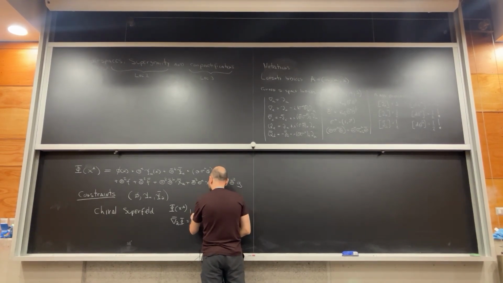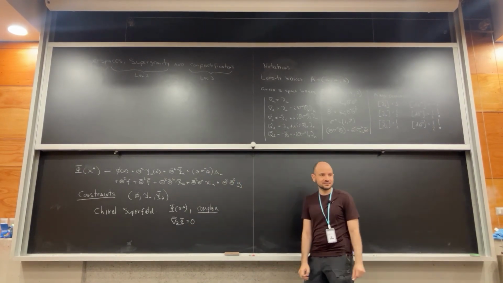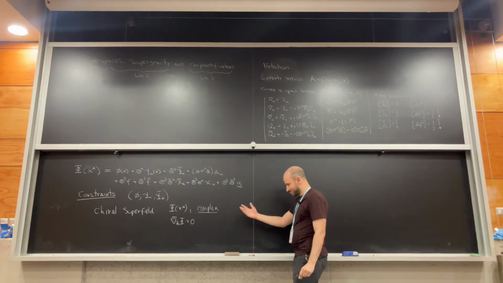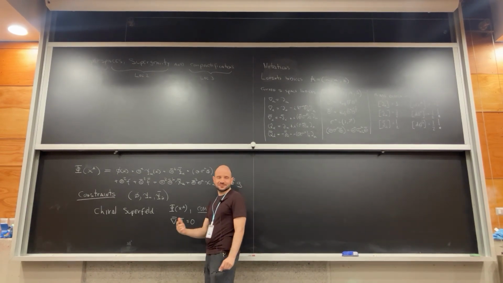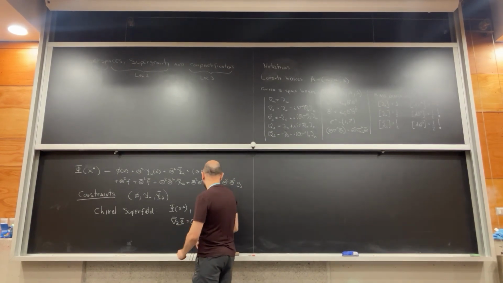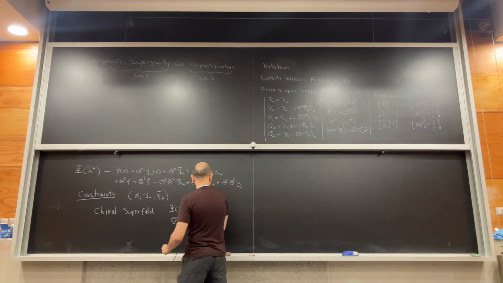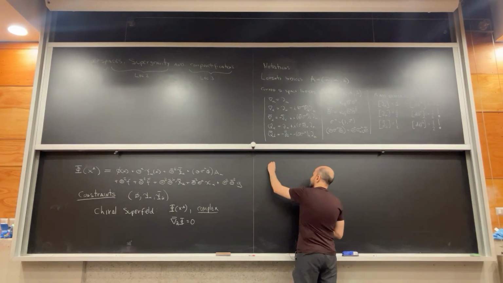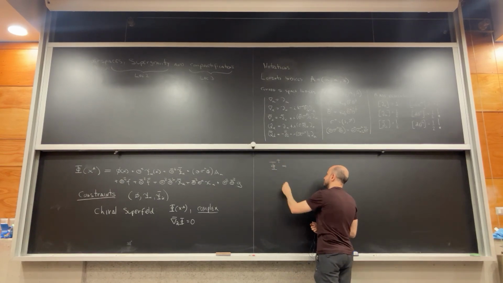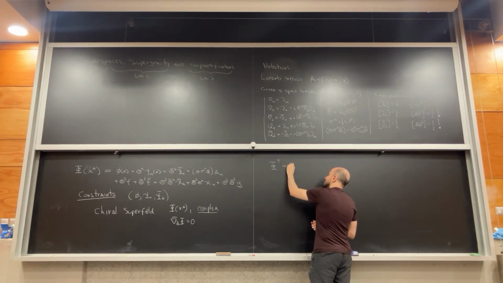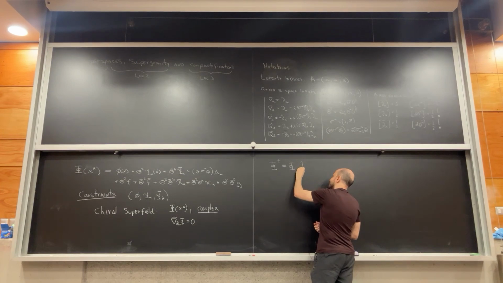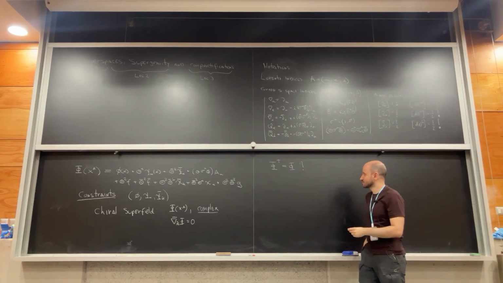Why do I emphasize it should be complex? Well, suppose it's real. Suppose that phi, when I take the hermitian conjugate, is equal to phi.